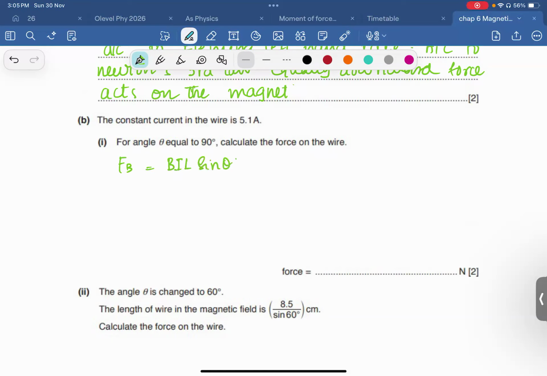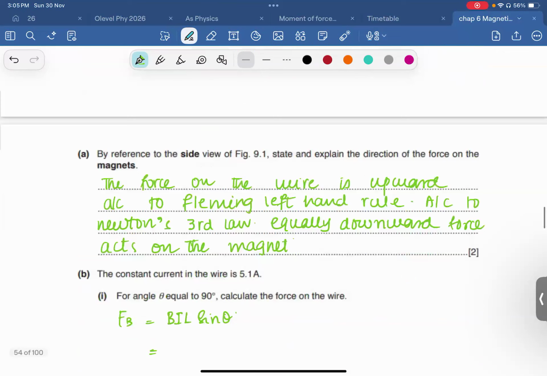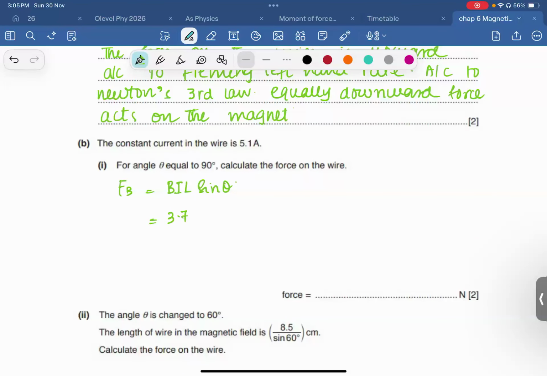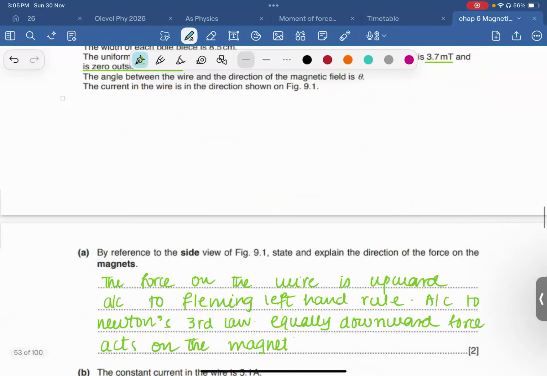If you take sine 90, that will be 1, right? So B is going to be 3.7 exponent negative 3, I is going to be 5.1, and the length is going to be 8.5 centimeters, which is the width of the magnet as well.